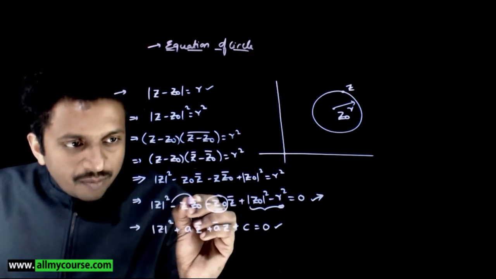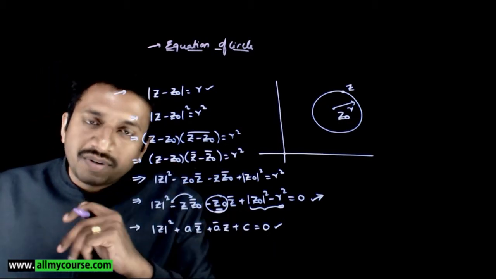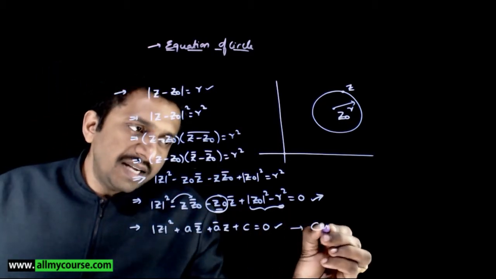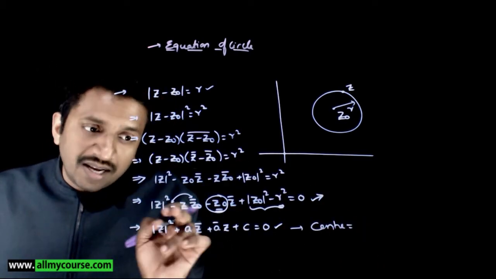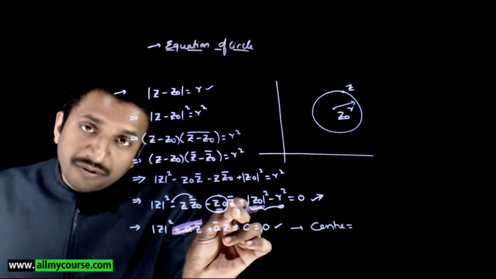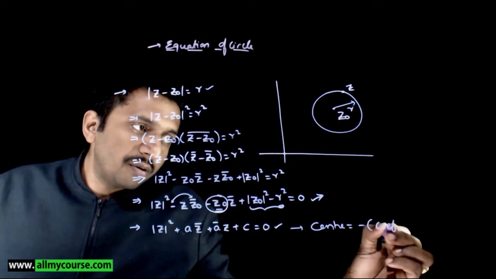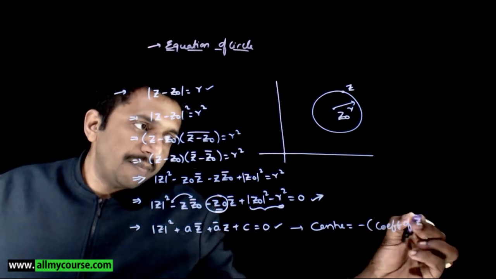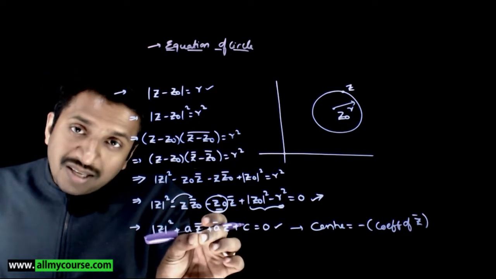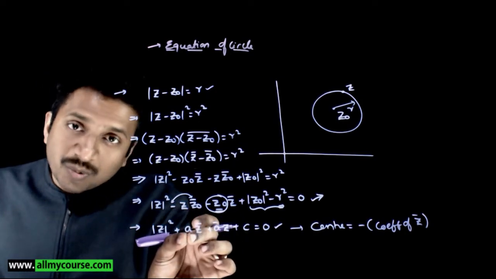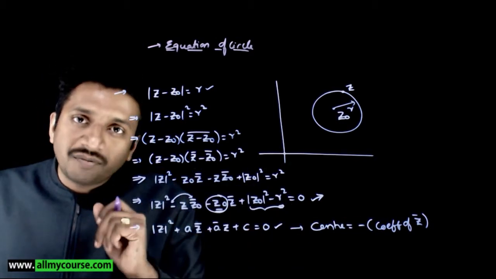This minus Z0 bar becomes A bar. The center of this circle is given by minus of the coefficient of Z bar. So if the equation is of this form, whatever number corresponds to Z bar, minus of that will be the center of the circle.